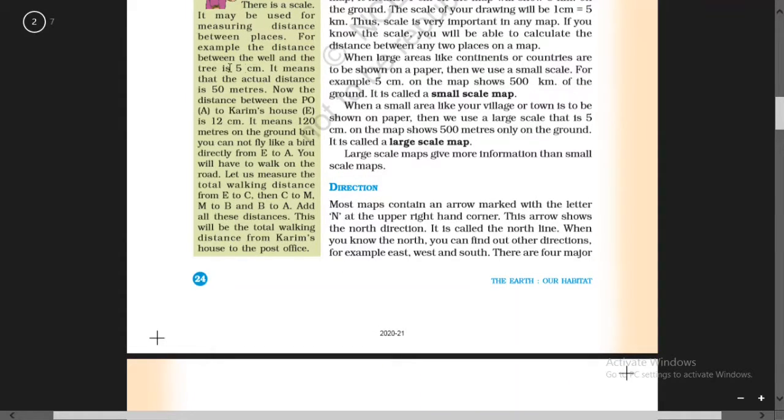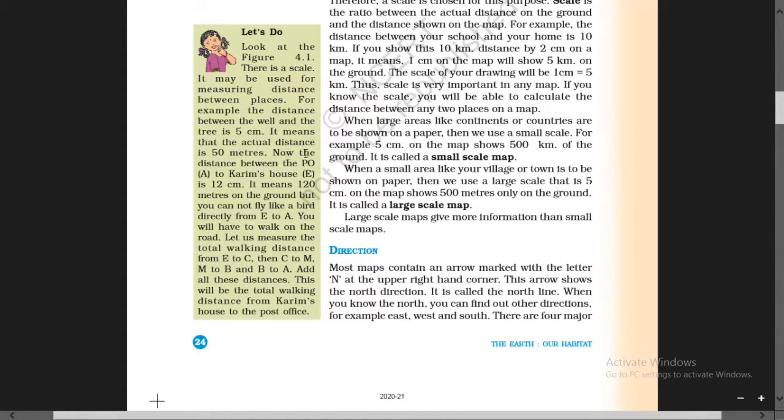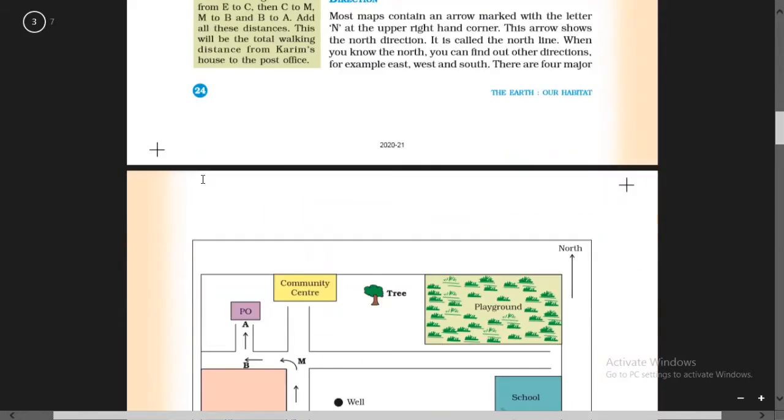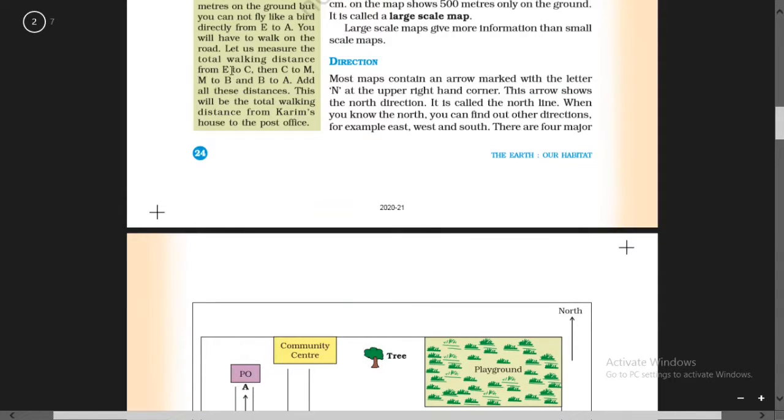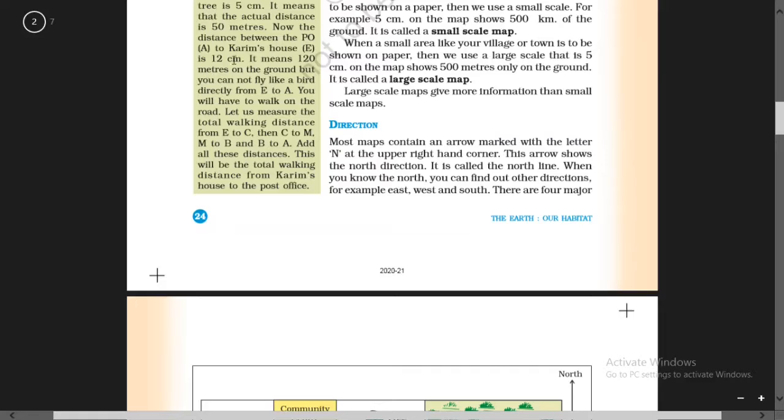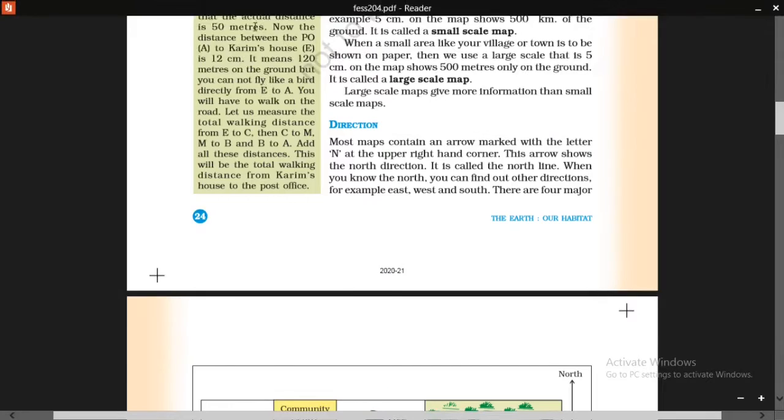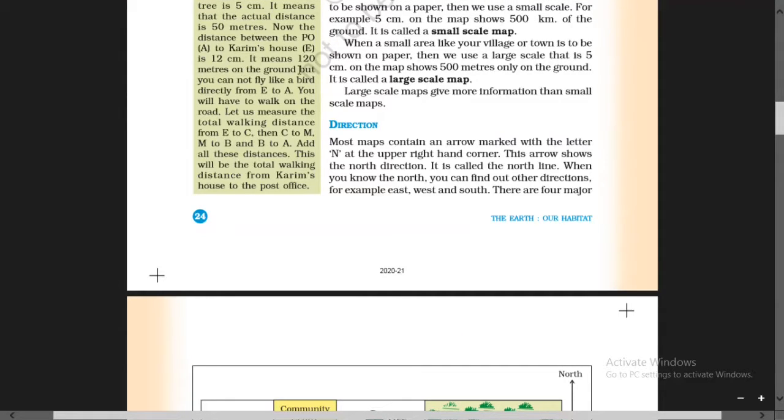It means the actual distance is 50 meters. Now the distance between the post office A and Karim's house E is 12 centimeters. It means 120 meters on the ground.